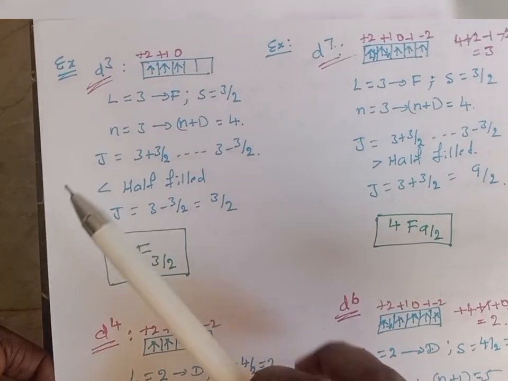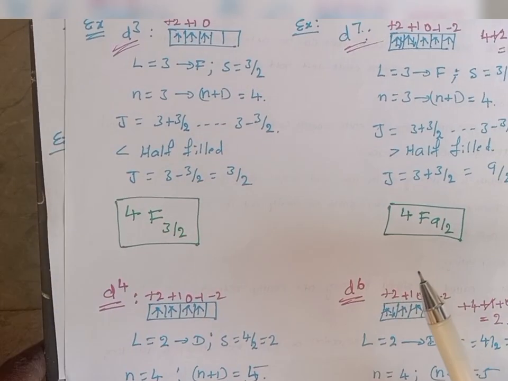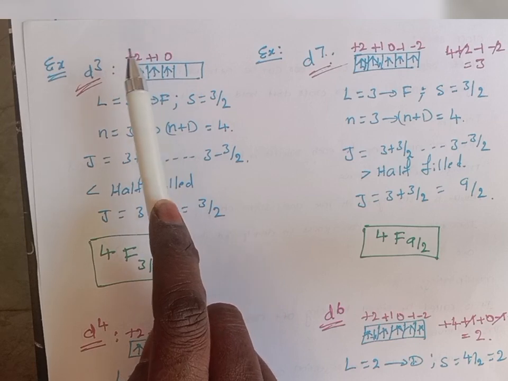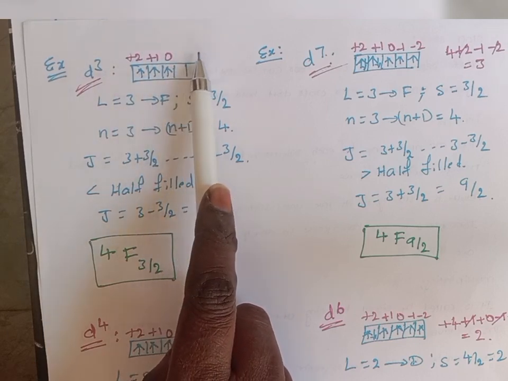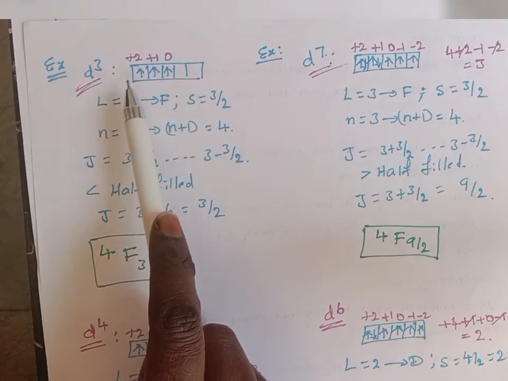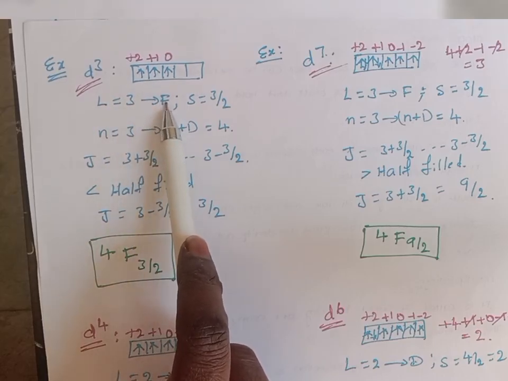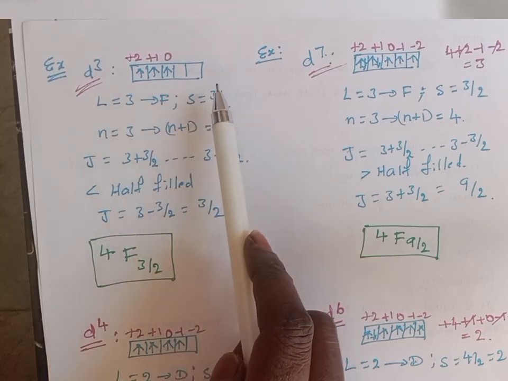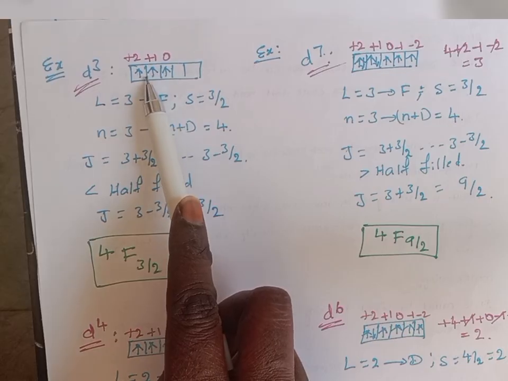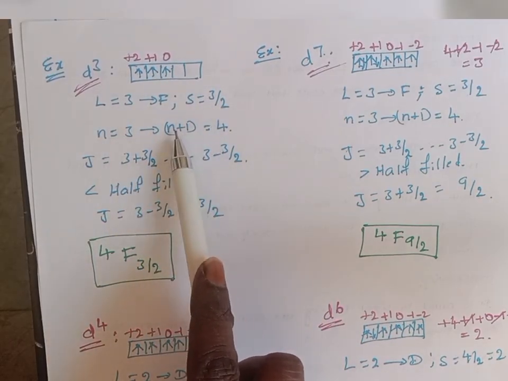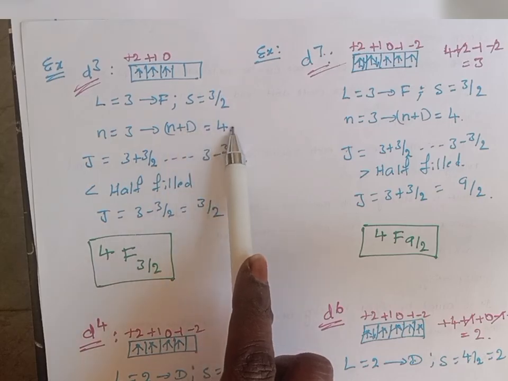And if you see for the D3 configuration, 3 electrons will be filled like this, and plus 2, plus 1, 0, minus 1, minus 2 L values, right? So if we calculate the L value, L is 3, so the resulting term will be F. And S is n by 2, unpaired electrons by 2, that is 3 by 2. n plus 1 is 3 plus 1, that is 4.